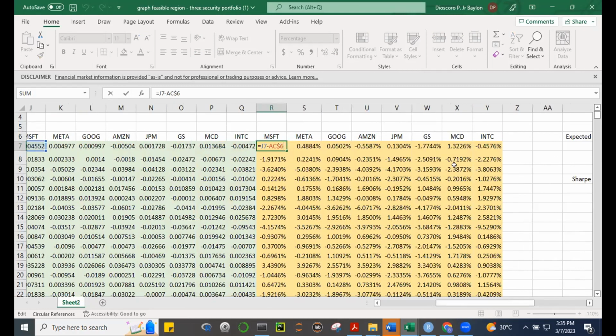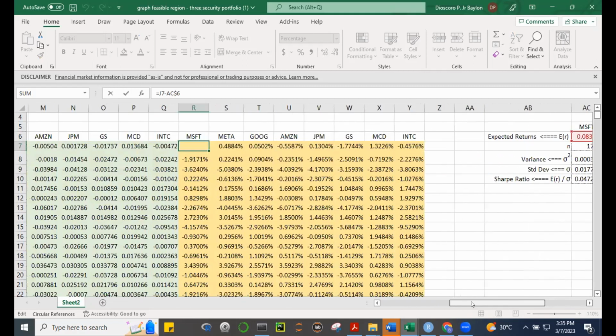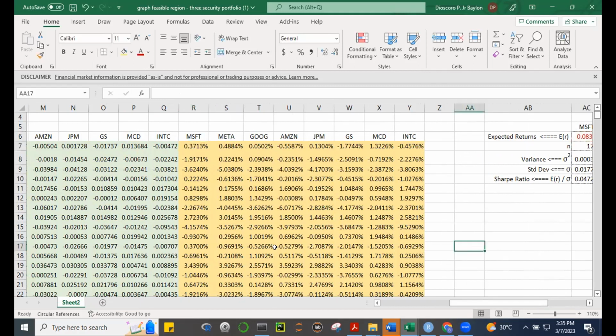Then we fix the row so that it will not move out of this row, because we're going to subtract all the returns from the average returns. Okay, so let's give this a name. By the way, are you done, class? Were you able to follow along?